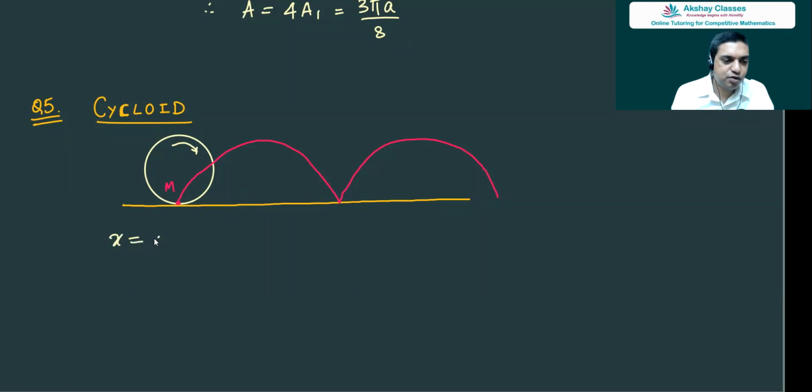X is equal to a times theta minus sine theta. Y is equal to a times 1 minus cos theta. So when theta equal to 0, x is 0 and y is 0. So this is this point.